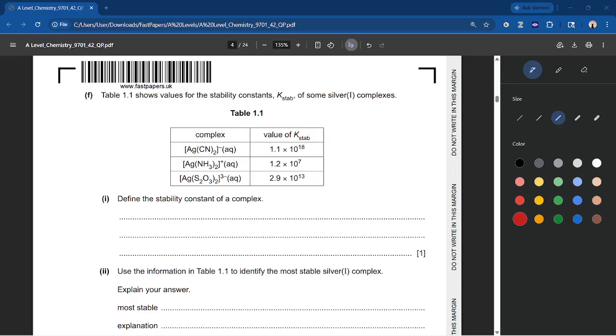And we're down to a definition. The table shows the values of the stability constants of some silver 1 complexes. Define the stability constant of a complex. So, very simple, we're just going to write it down.